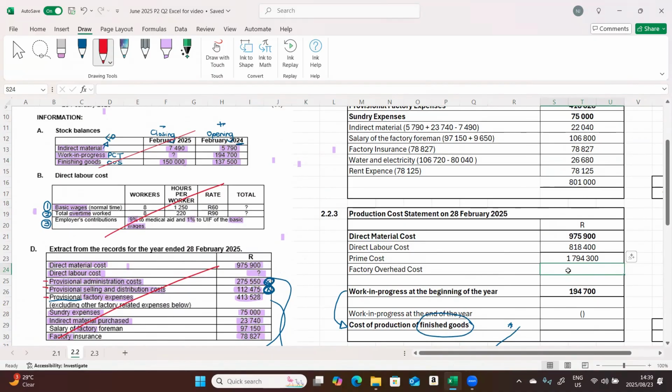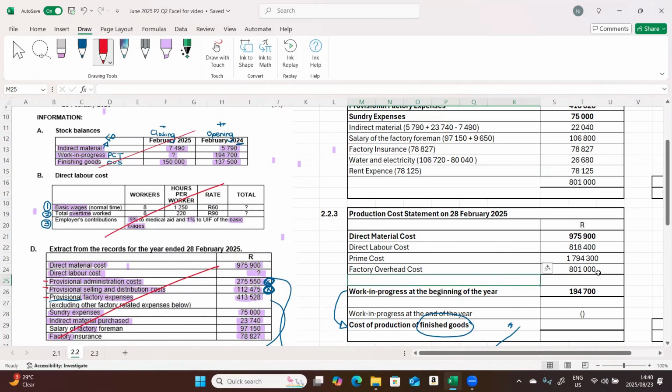So we are just going to put it in over here. So 801,000. There we have that. Once again, guys, it's a format that you have to study, please. It's a format that you have to study, that it's direct material, direct labor equals prime cost. Then we add factory overhead cost, which comes from your factory overhead cost note.